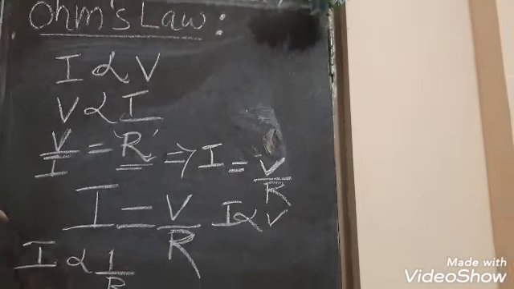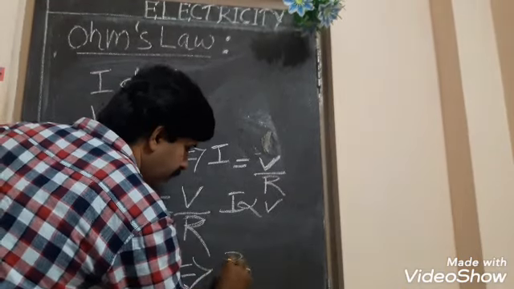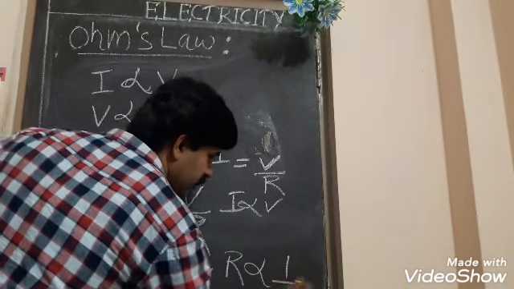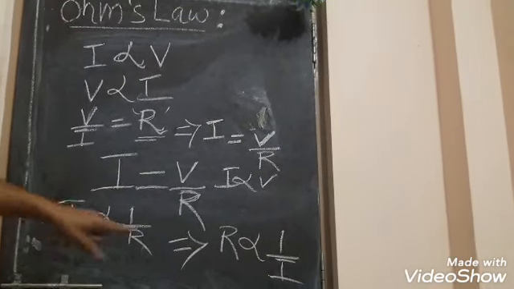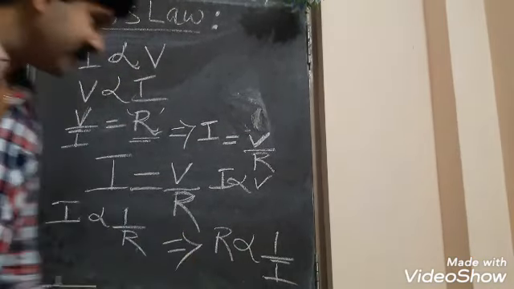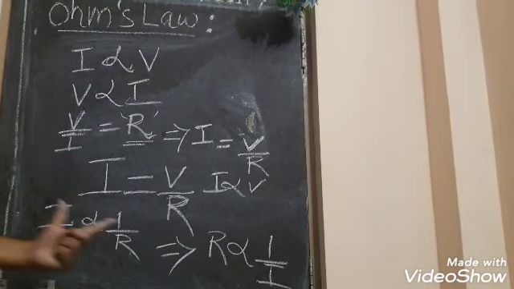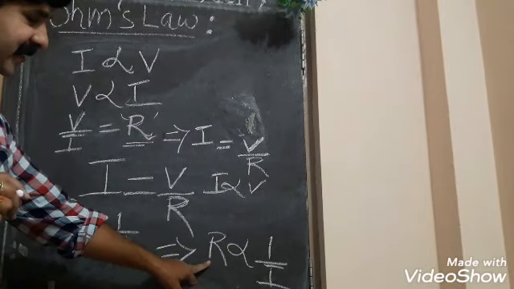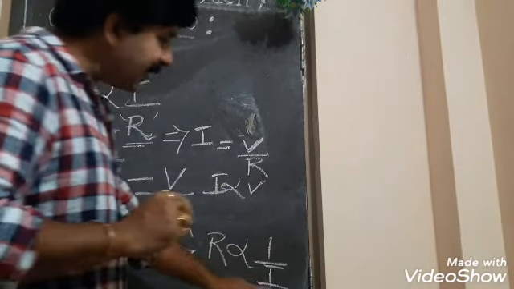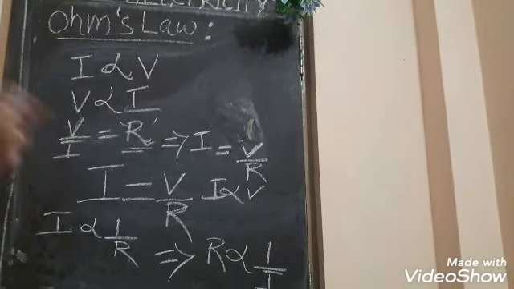This equation you can also write like this: R is inversely proportional to I. If you take this equation, R is inversely proportional to 1 by I. So by this what can we know? If resistance is increased, automatically flow of current will get decreased.